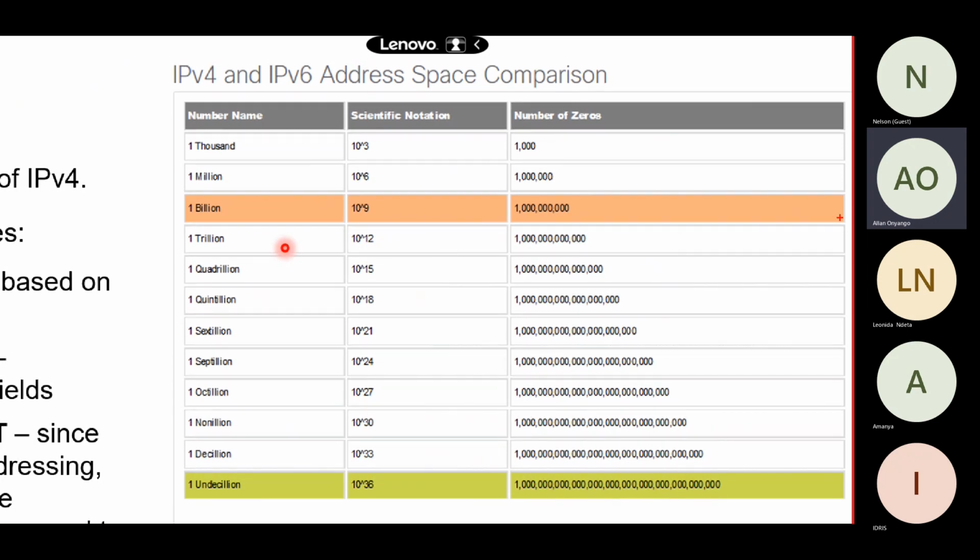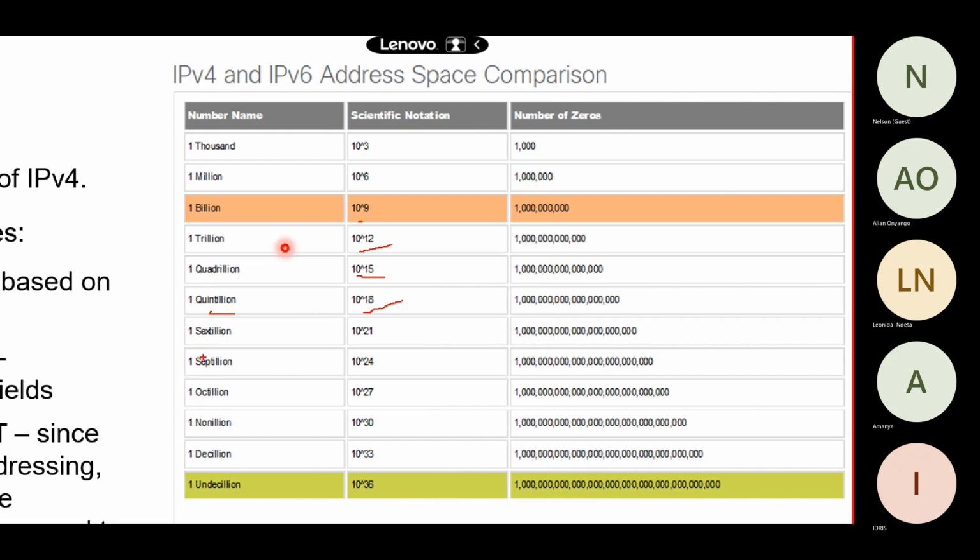If you can see my diagram well, all of us know that 1000 is 10 raised to power 3, which means 1000 has 3 zeros. A million has 6 zeros. A billion has 9 zeros. A trillion has 12 zeros. A quadrillion has 15 zeros. A quintillion has 18 zeros.